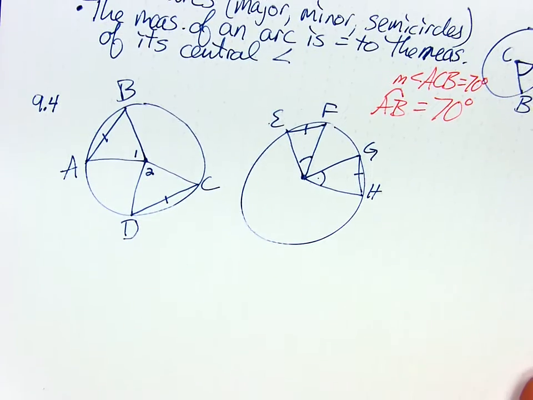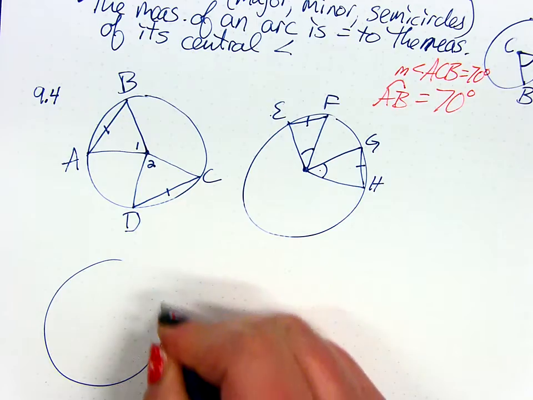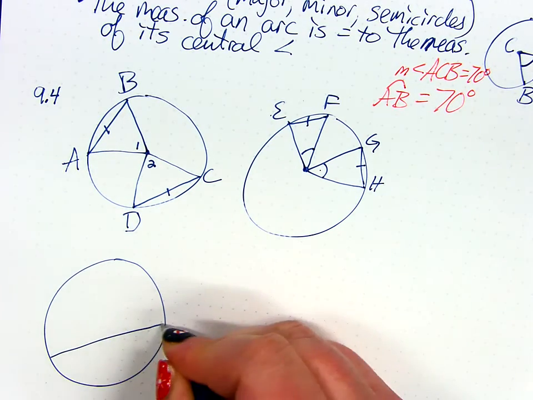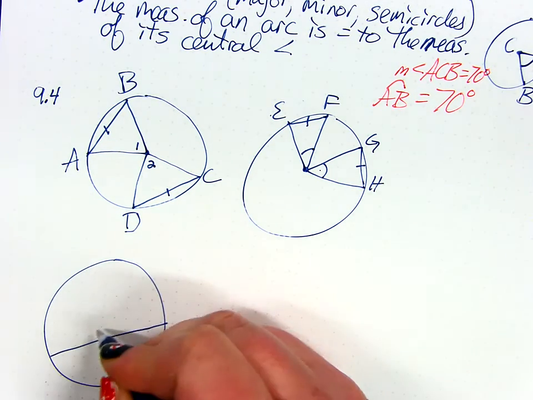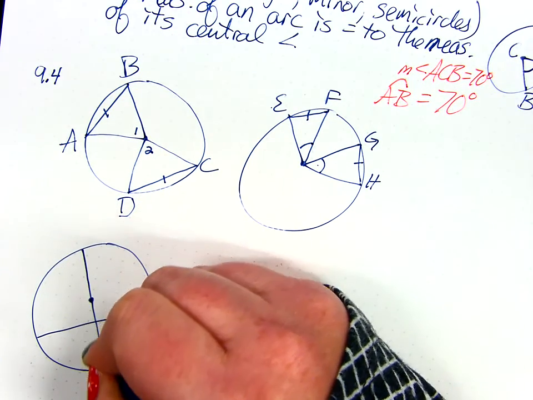The next big part of 9.4, and this is really the most important part of 9.4 in my opinion, is if you have a diameter that's perpendicular to a chord. So let's just look at a circle. I have a diameter, and, oh, that's not a diameter. That's my chord. Let's draw a diameter that's better than that. Like that.